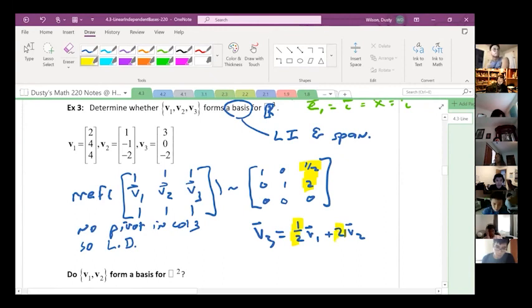So 1/2 of the first vector would be 1, 2, 2, plus, sorry, 1, 2, 2 plus 1, minus 2, minus 4. Let's check it out.